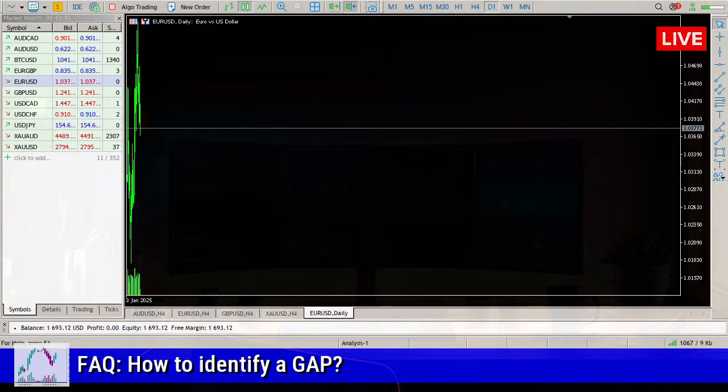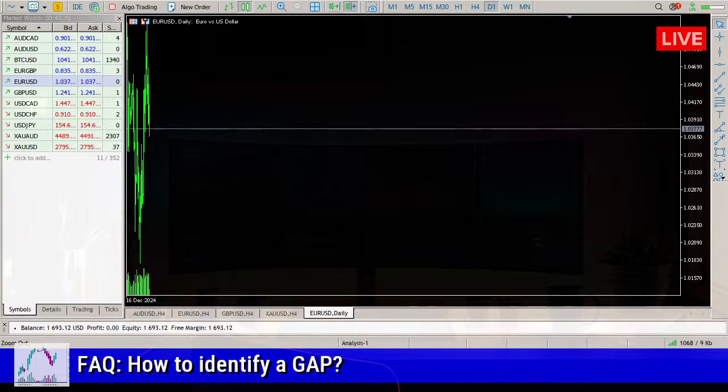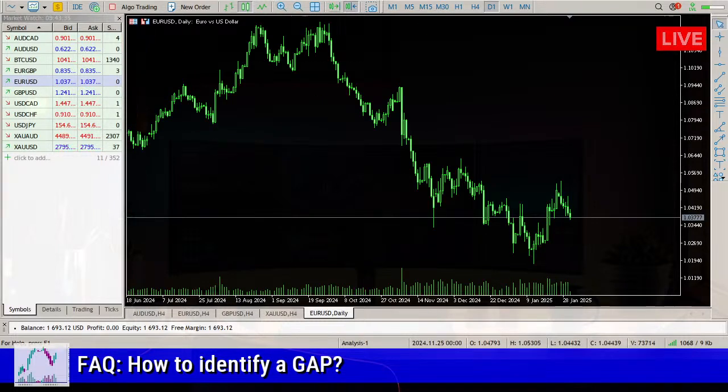For example, I use the daily chart first. By looking at the price movement, from price action we know this is a downtrend. So during a downtrend, there will be a correction.